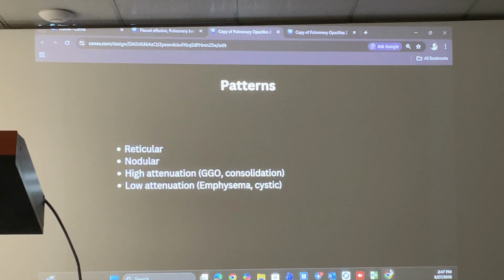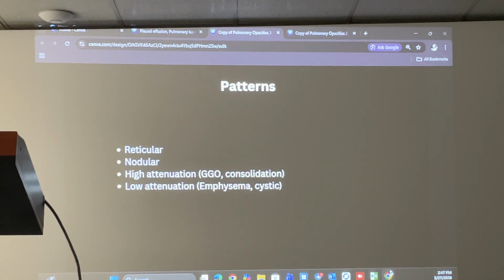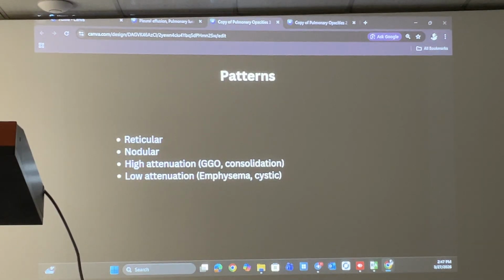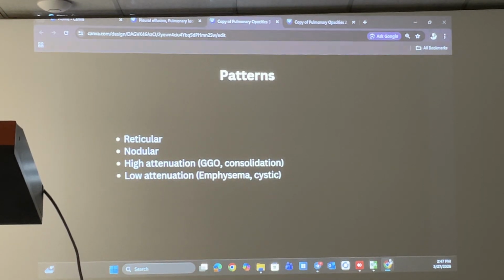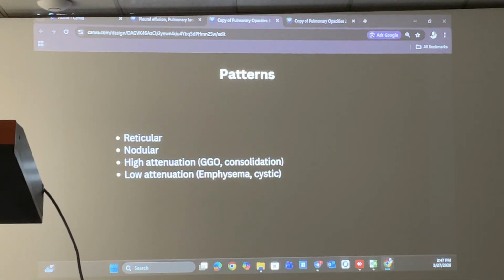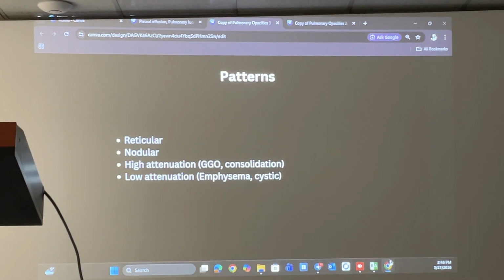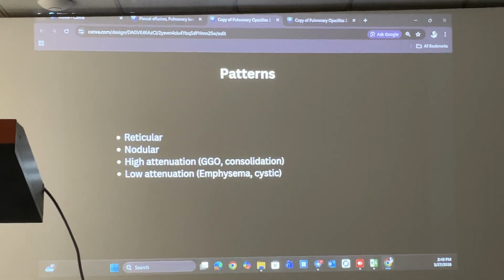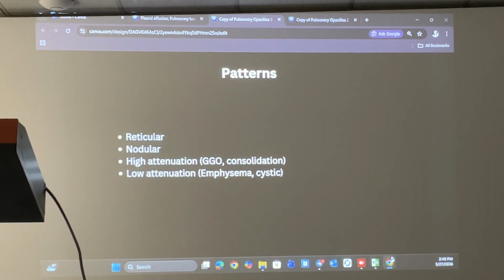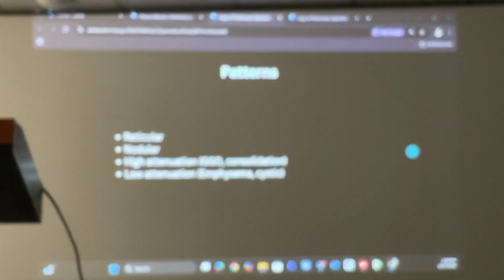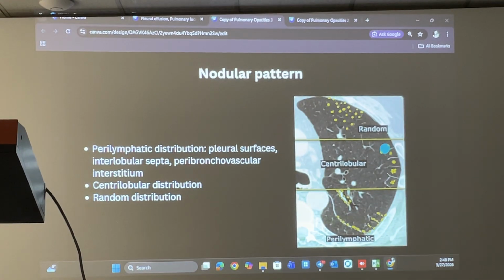Where is it located within the secondary lobule, whether it is centrilobular, perilymphatic, or random distribution. Is there an upper versus lower zone, or central versus peripheral predominance? And are there additional findings such as pleural fluid, lymphadenopathy, traction bronchiectasis, or so on? So you should look at the patterns.